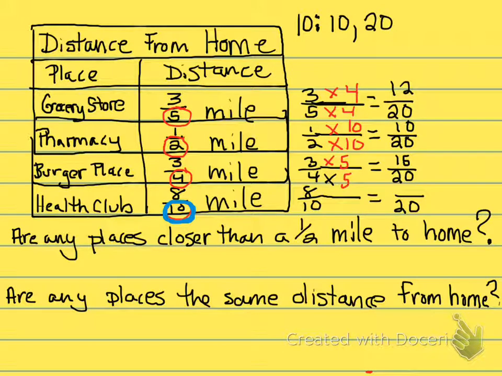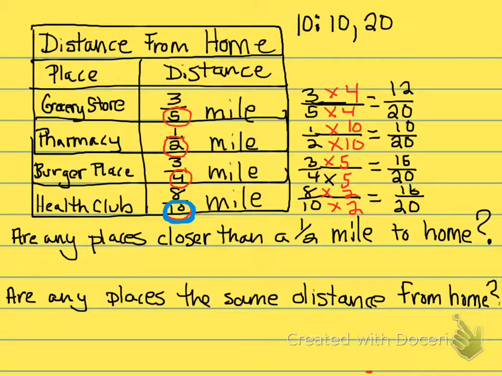Okay, and the last problem, 8/10, I want to convert to 20ths. So I am going to multiply tenths by 2 to make 20ths, the common denominator. Therefore, I have to multiply 8 by 2, and I'll get 16.